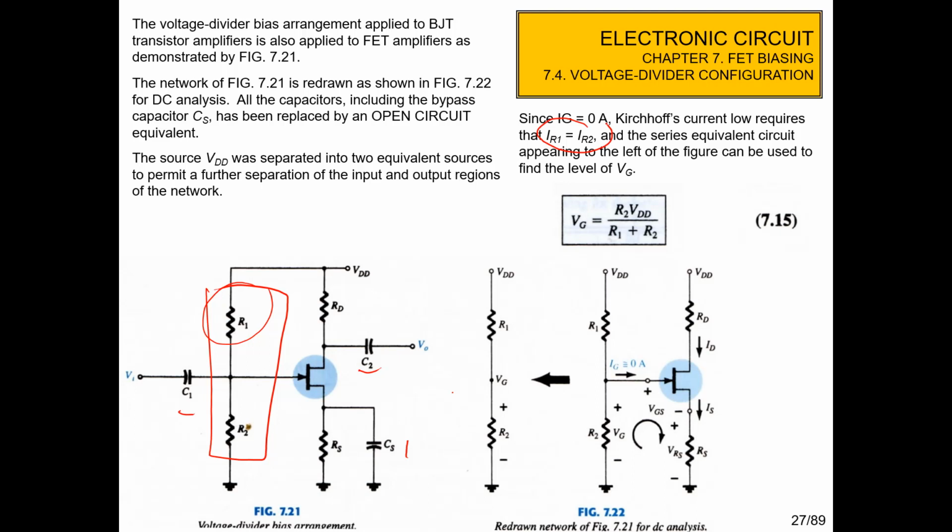So we can write that VG, the gate voltage, is equal to R2 multiplied by VDD per R1 plus R2. This is the VG using the voltage divider, R1 and R2. We can calculate it like this.